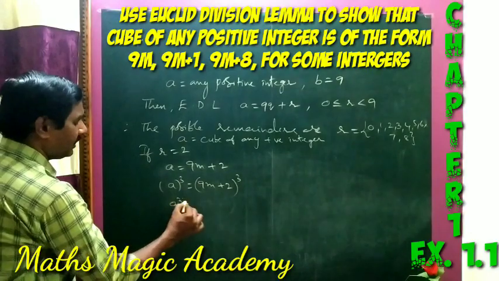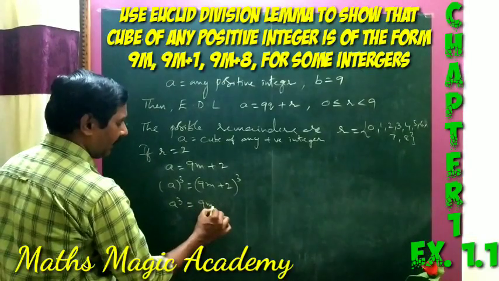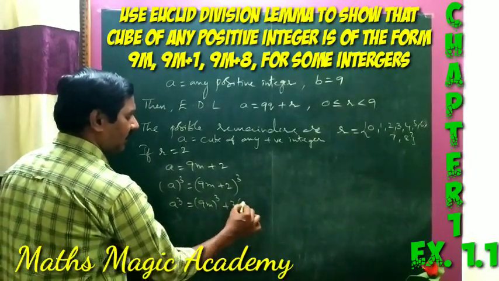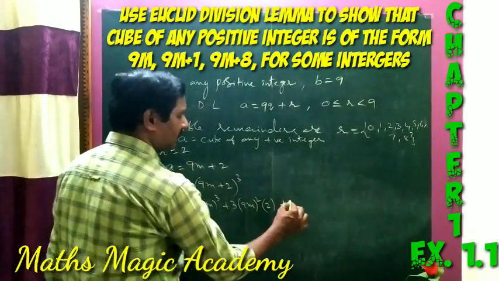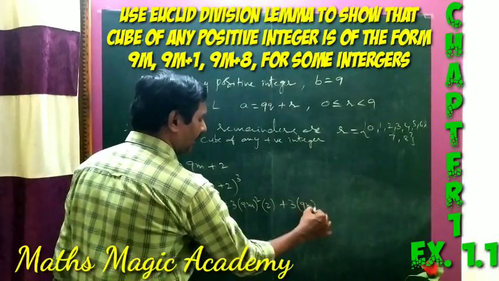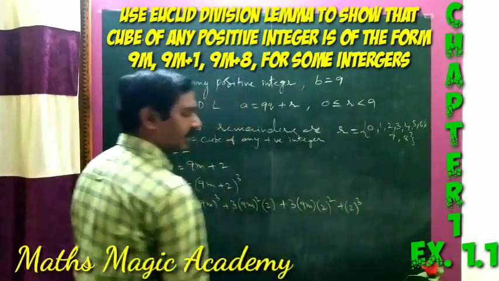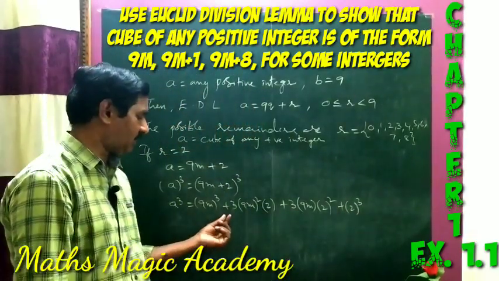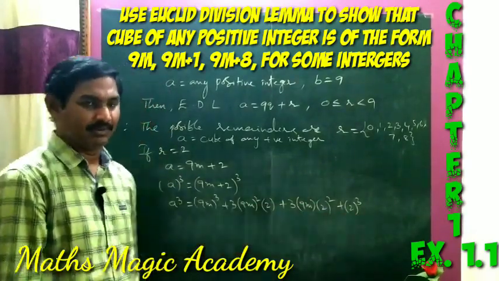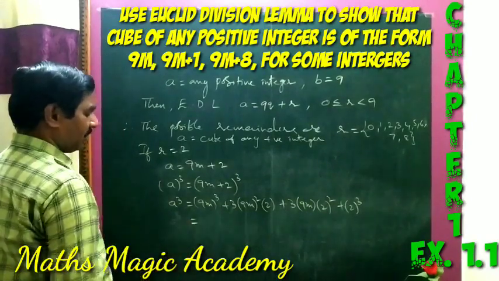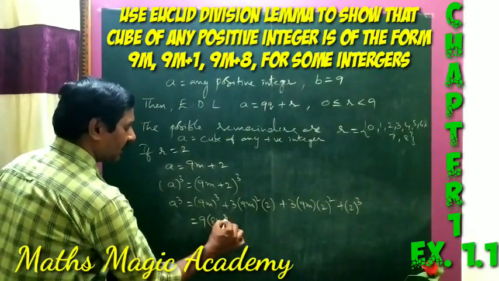Same as previously we did, it is (9m) whole cube plus 3 into (9m) square into 2 plus 3 into 9m into (2) whole square plus 2 cube. So it is simply a cube plus 3a square b plus 3ab square plus b cube. Here we can take 9 common and the remaining 81m cube.